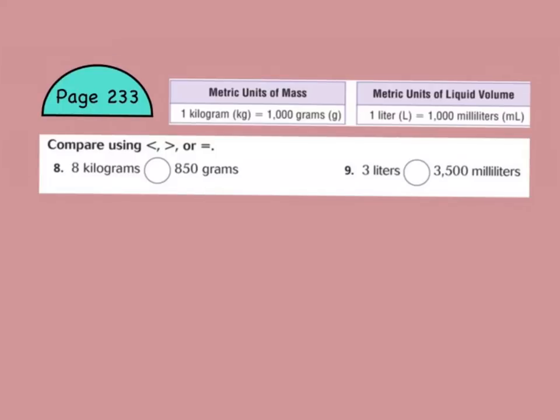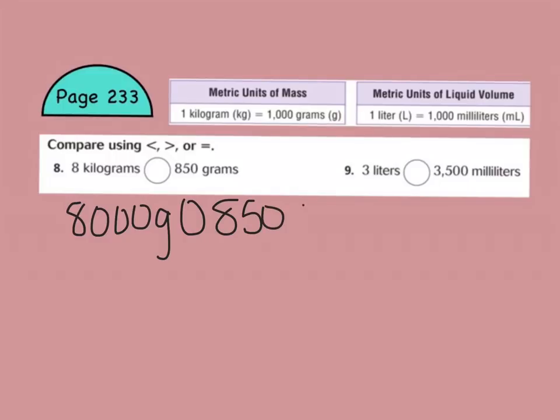Well, if I take a look at my chart up top, I know that 1 kilogram is equal to 1,000 grams. So my number 8 says 8 kilograms, and I have to change it to grams because I can't compare two different metric units of mass. So if I convert 8 kilograms into grams, I'm going to have 8,000 grams. And I'm comparing it to 850 grams.